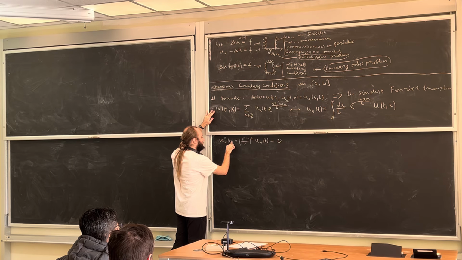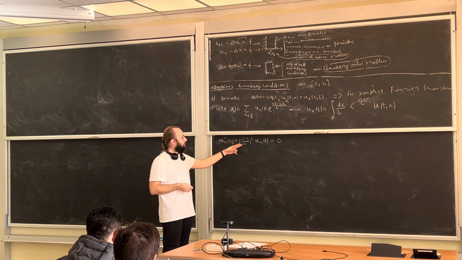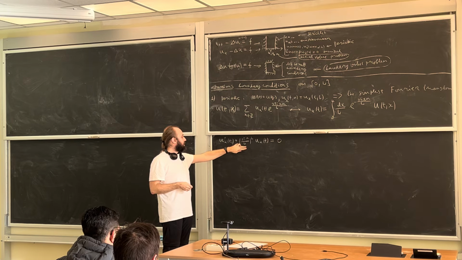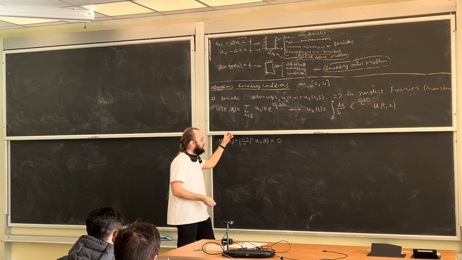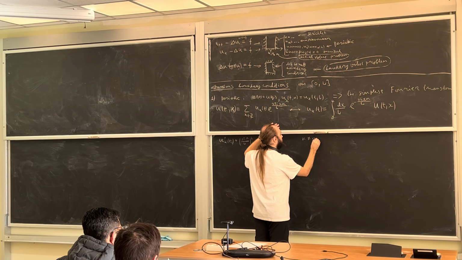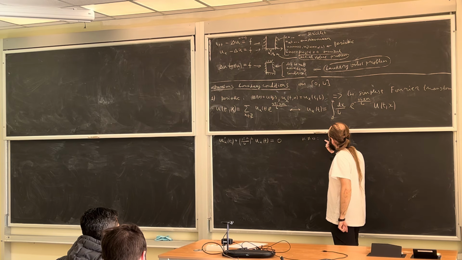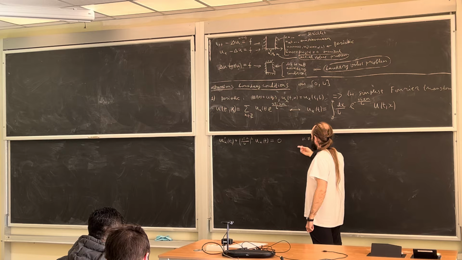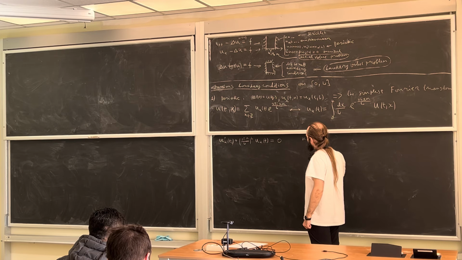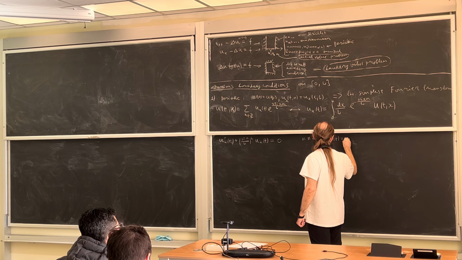So there are two different cases, when n is different from 0. There are two solutions for un of t.